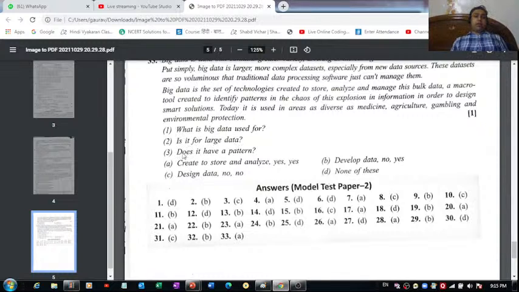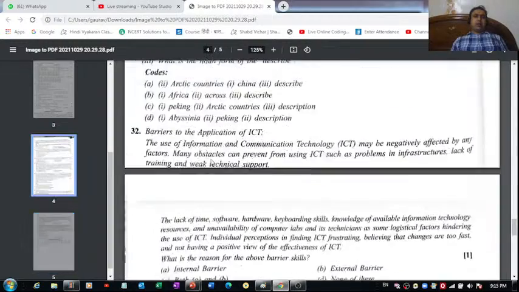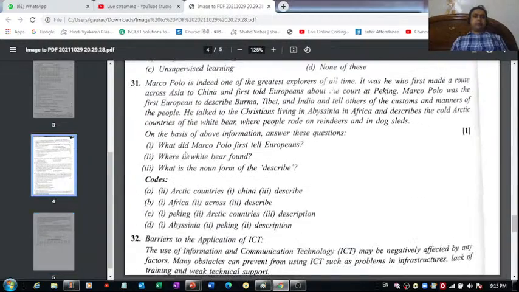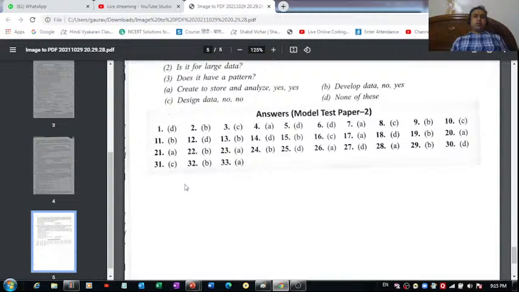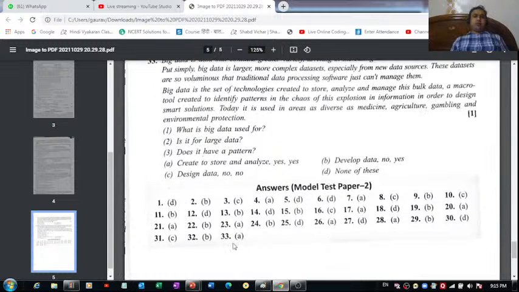Is it for large data? Does it have a pattern? I think it is very similar to this 31st. The correct answer, you can see here, is part A. It is created to store and analyze. What is big data used for? It is, of course, created to store and analyze. Is it for large data? Yes. Does it have a pattern? Yes, of course, it has a pattern.